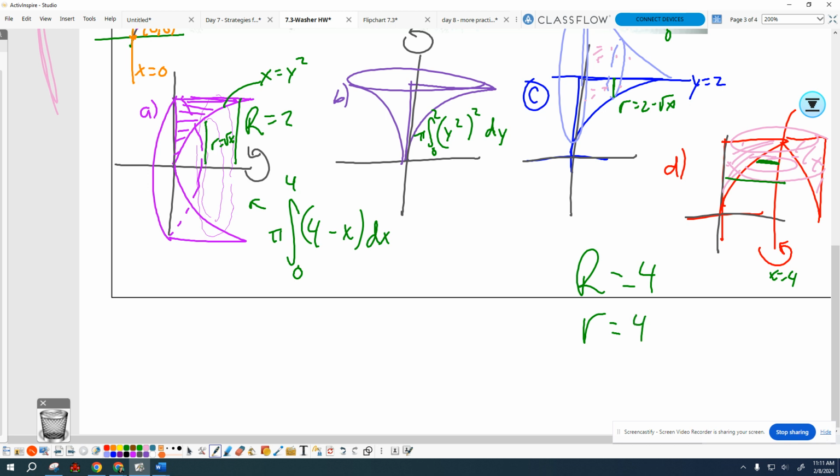Are we y squared or root x? Do we want the equation in terms of y squared? There you go. So big radius squared minus little radius squared, and then it's from the y values 0 to 2.